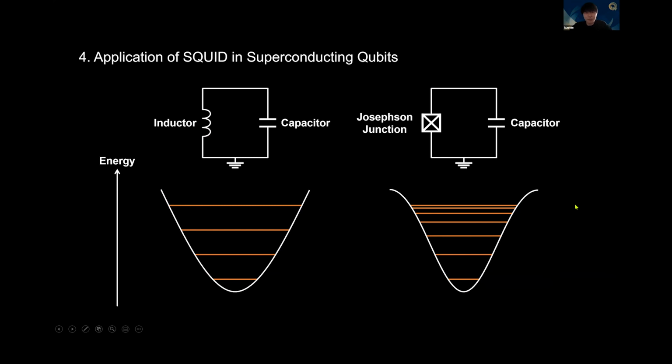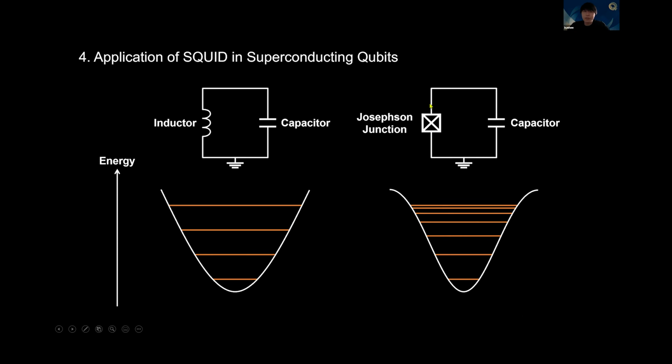Just to recap a little bit, this inductor-capacitor circuit is the equivalent of the metal strip that Fernando introduced, and it has evenly spaced energy levels. When we replace the inductor with a Josephson junction, we get this artificial atom. Of course, this is the symbol for a Josephson junction.